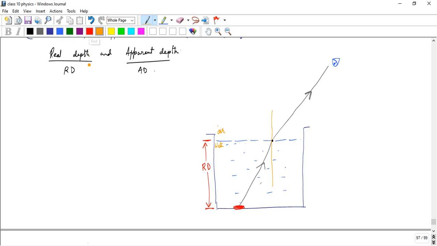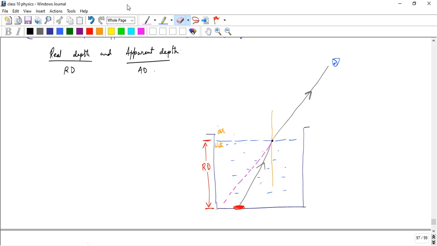If, as an assumption, the density of air and water were the same, then light would travel in a straight path, so the observer would see a straight path. That is the dotted path.